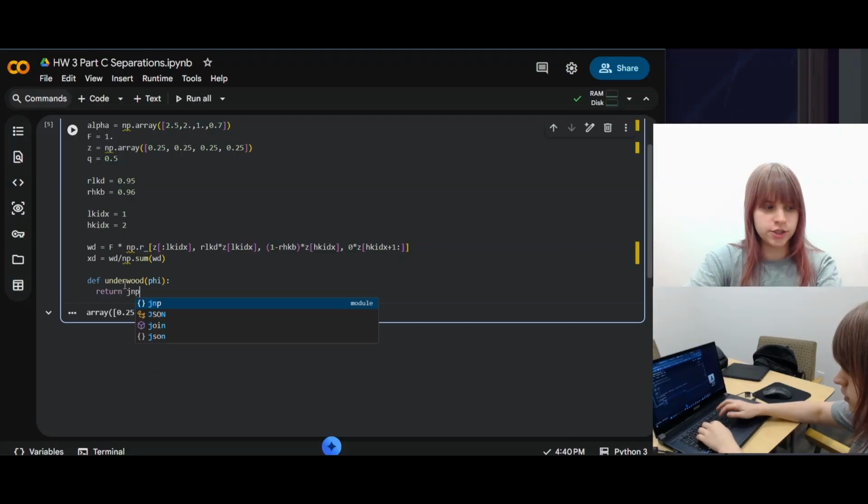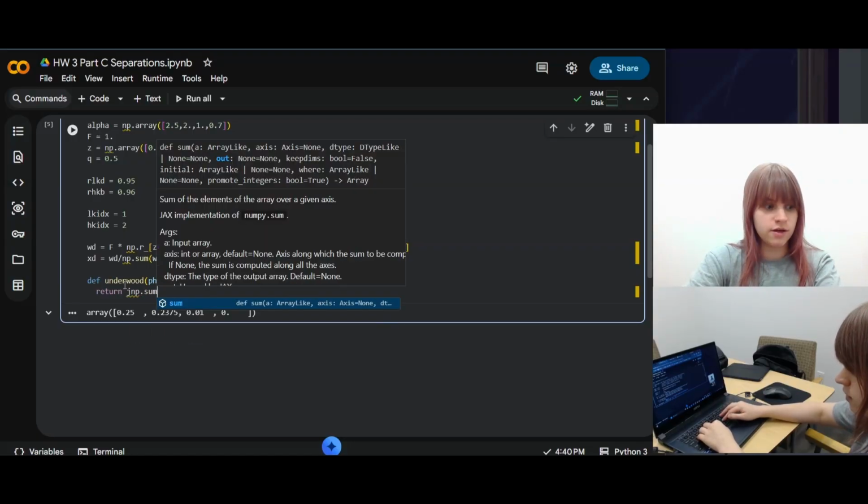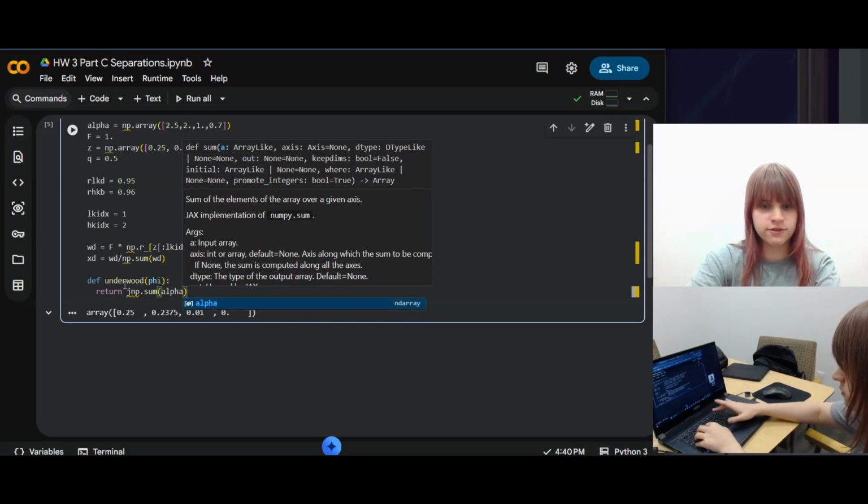We want to return, we're doing JAX for the automatic differentiation that it can do, because we don't want to do that ourselves.